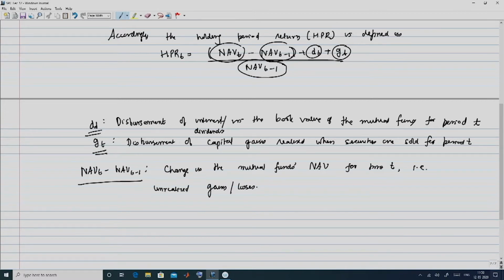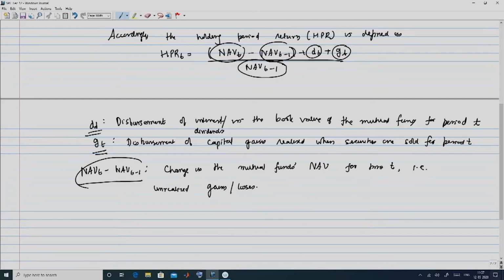So, this means that between time t minus 1 and t, three things can happen. Either you will get some interest or dividends which is reflected in the term D t, or some assets are sold, in which case you have a capital gain or loss which is indicated by the term G t, and then of course, assets that are still being held, and then the difference between these two as a result of the market movement between time t minus 1 and time t is given by NAV t minus NAV t minus 1.